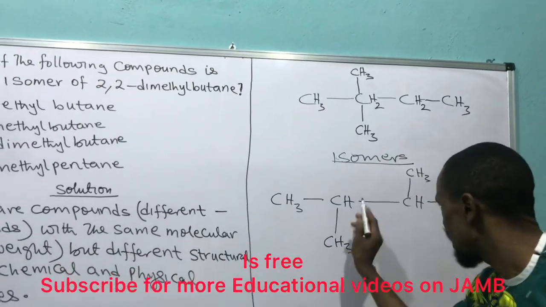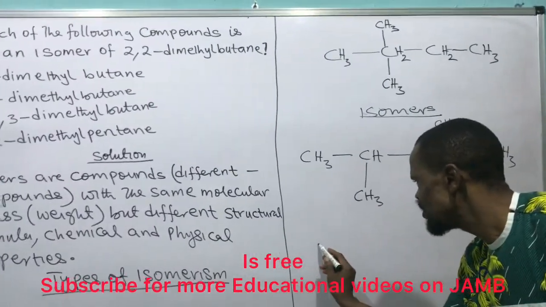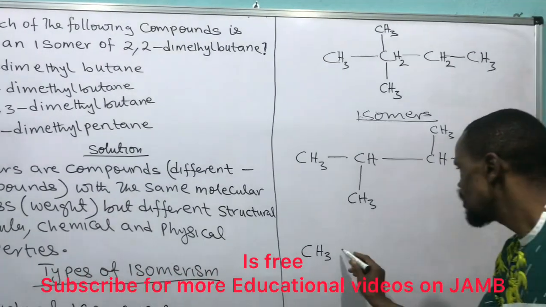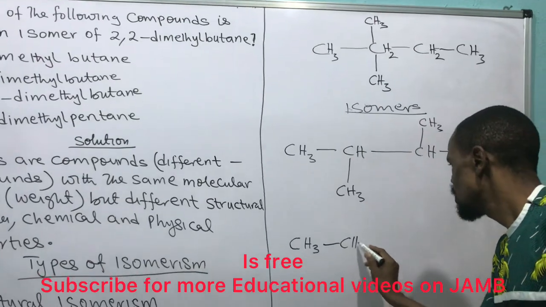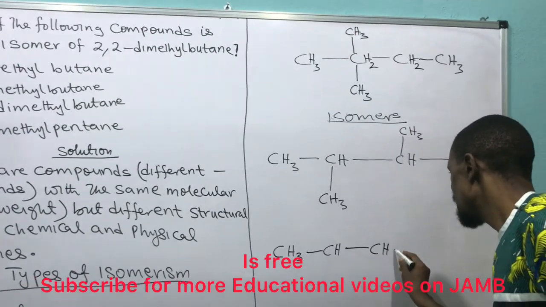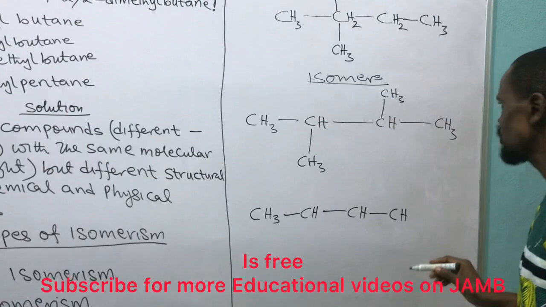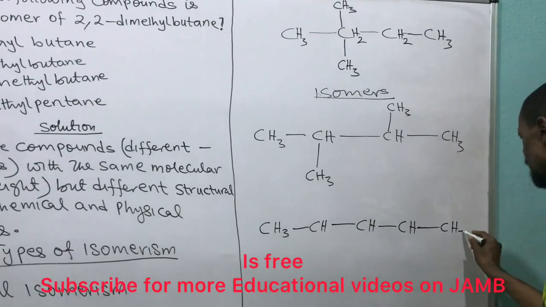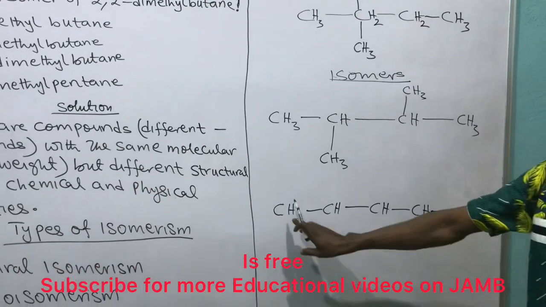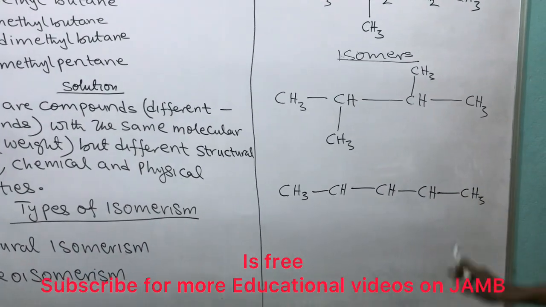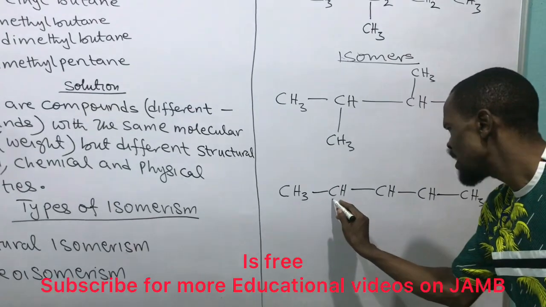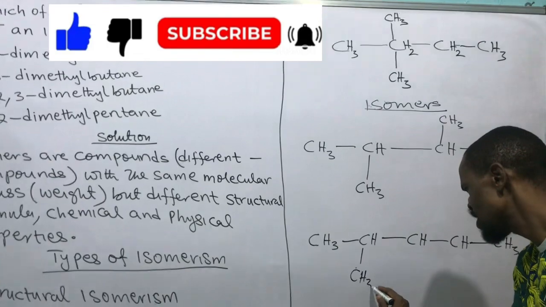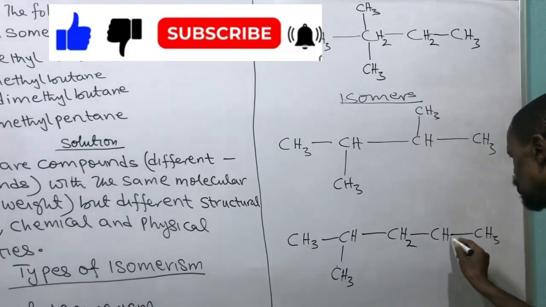A second isomer I can get here: CH3 and CH2, CH again and CH again. That's 4. And I can have CH3, that's 5. We said 1, 2, 3, 4, 5. I can now put this CH3 here, then here will be CH2, CH2.